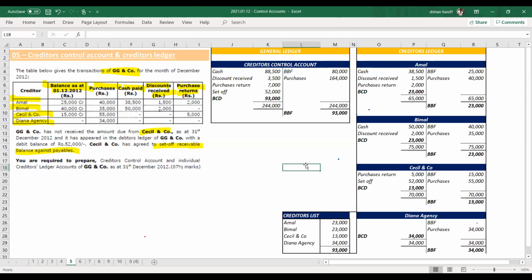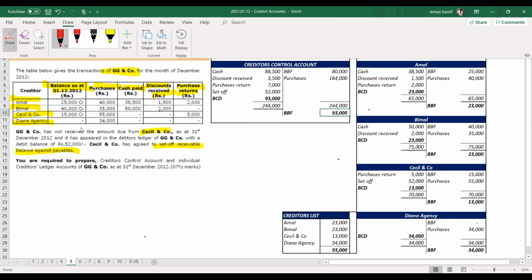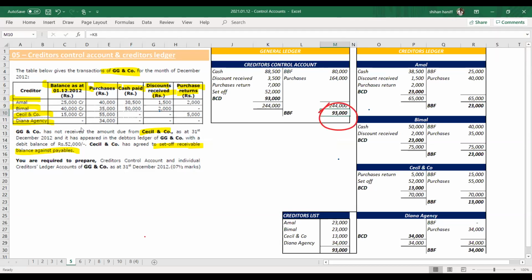Right. So 93,000 is the total balance, closing balance, and 93,000 is the control account balance. I'll check the answers.